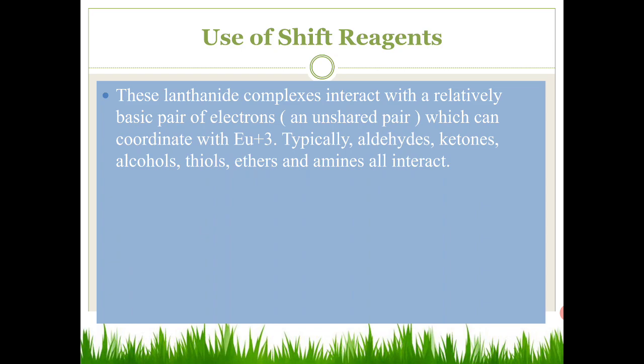Typically aldehydes, ketones, alcohols, thiols, ethers, and amines interact, because they have an unshared pair of electrons. So when there is an unshared pair of electrons, you can use a shift reagent, and the complex spectra could be simplified.